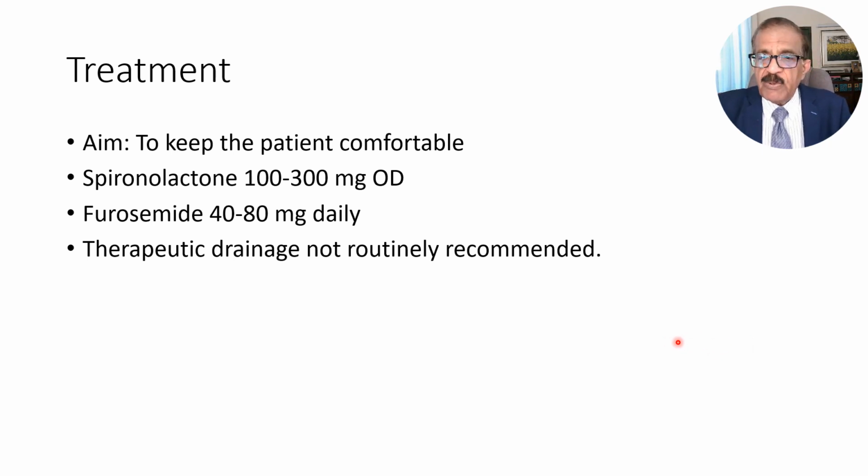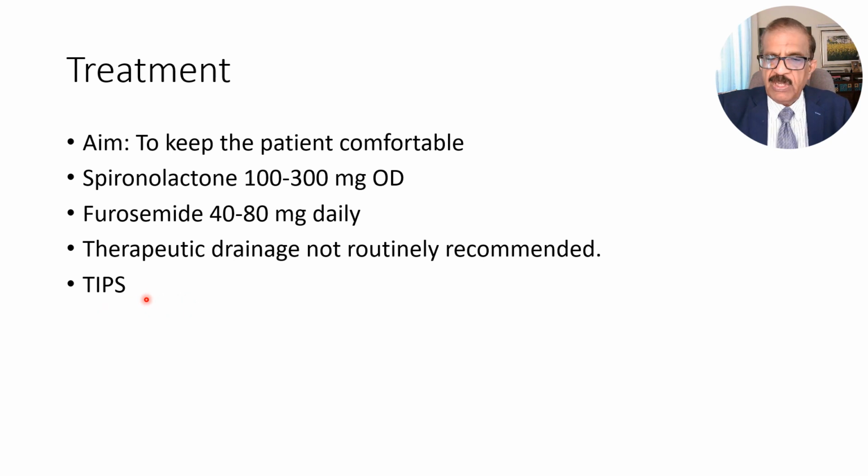Now there are some procedures which can be done. One of them is TIPS. This is transjugular intrahepatic portosystemic shunt. I discussed this in some more detail in my discussion on gastrointestinal bleeding complication of cirrhosis.